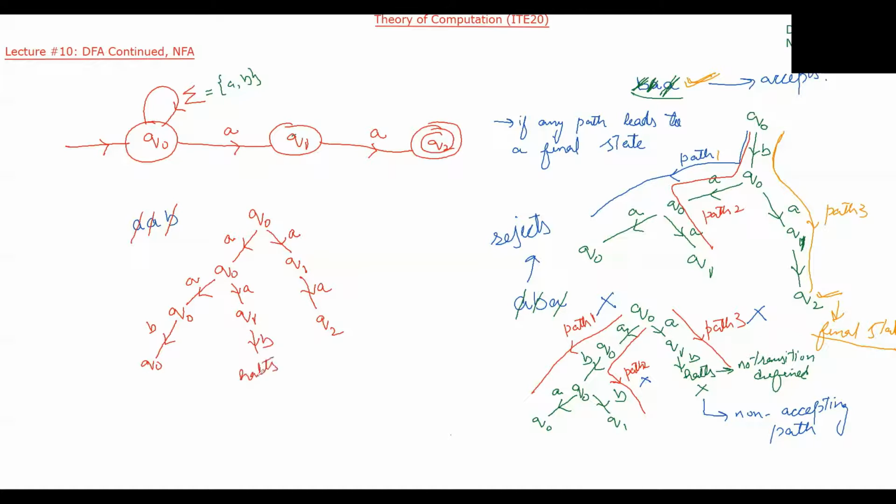Halt means not accepted. Okay. Now if it has followed this particular path, Q2 path, on Q2 if B comes, where will it go? There is no transition defined on B. So in this particular state also it halts, or we can say not accepted.